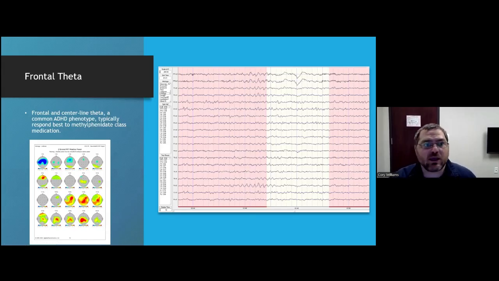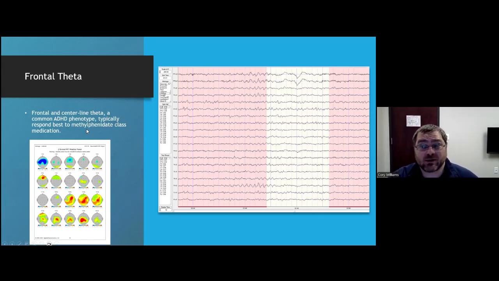So here we're looking at frontal and midline theta. You can see it in the raw up here in FP1 and FP2, F3, F4. See it again in FZ. And when we look at our maps, we've got all this frontal theta. Usually, this is coming from the anterior cingulate. Usually, this type of brain is going to respond better to a methylphenidate class medication.